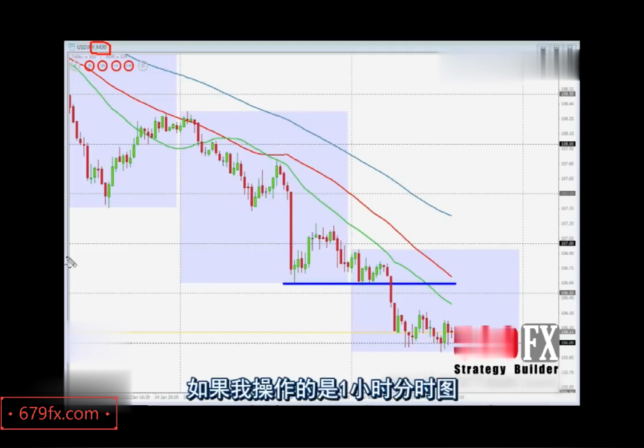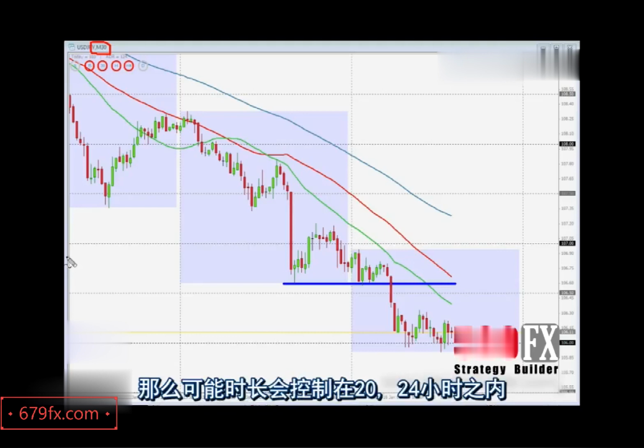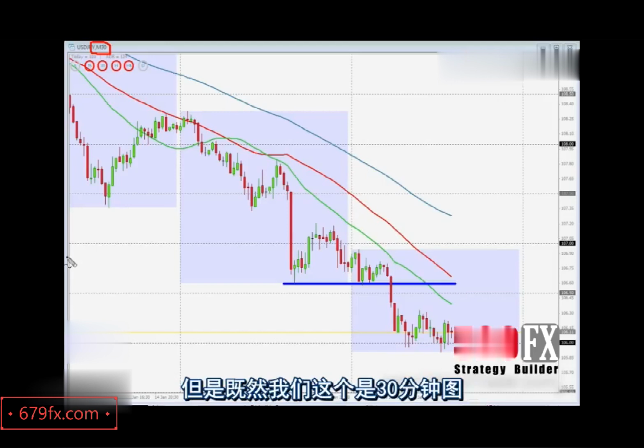If I was taking a trade on the 1 hour time frame, I would stretch it out perhaps to 24 hours. Since this is a 30-minute time frame, I reckon that 5, 6, 8 hours, 10 hours, no more than that, should be enough to reach a sensible target.